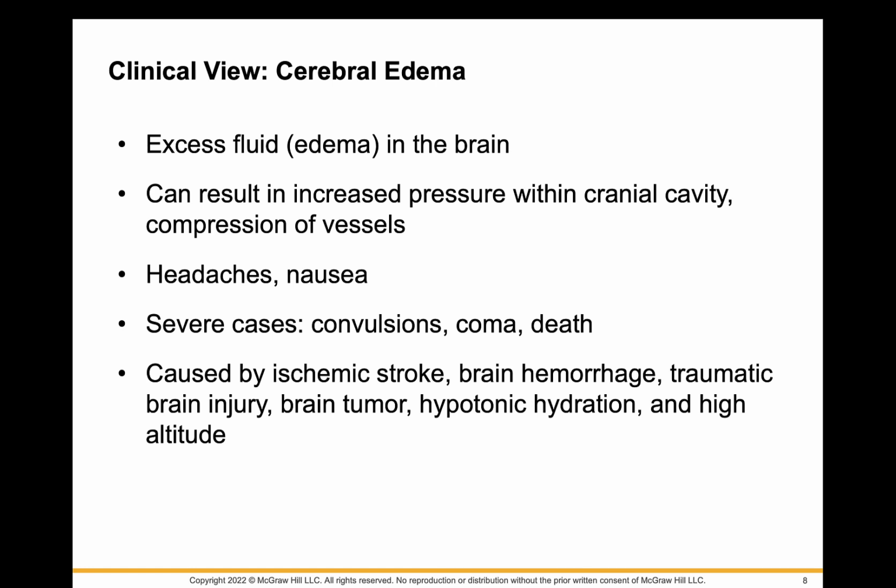This can cause headaches or nausea, and in very severe cases, convulsions, coma, or death. Now, things that can cause cerebral edema would be an ischemic stroke, a hemorrhage within the brain, traumatic brain injury, a tumor within the brain, hypotonic hydration, and high altitude.